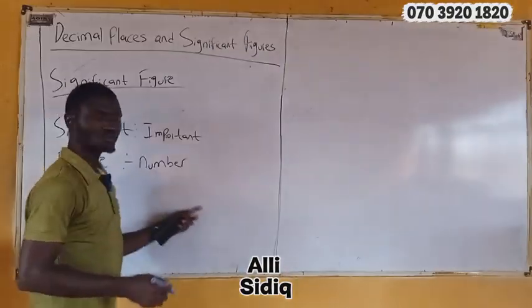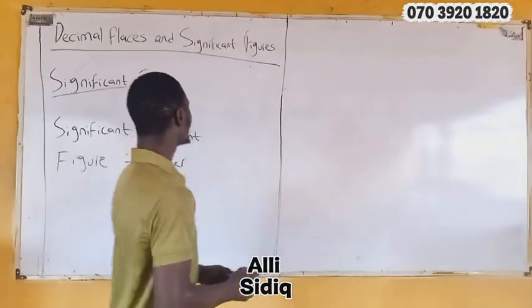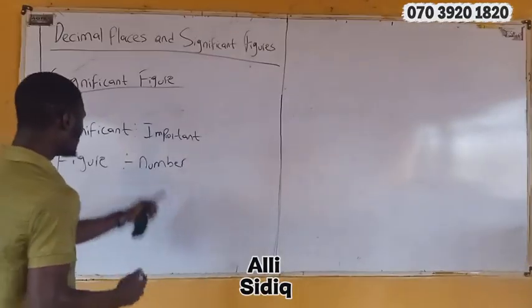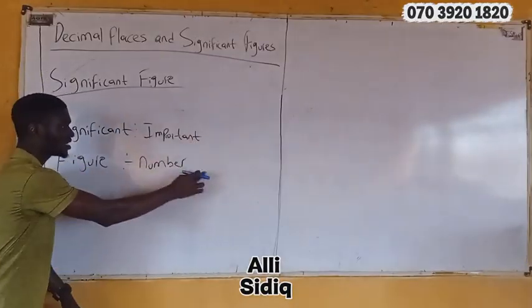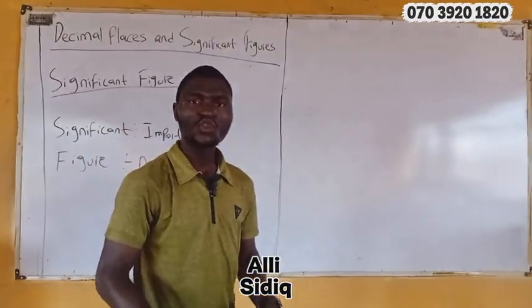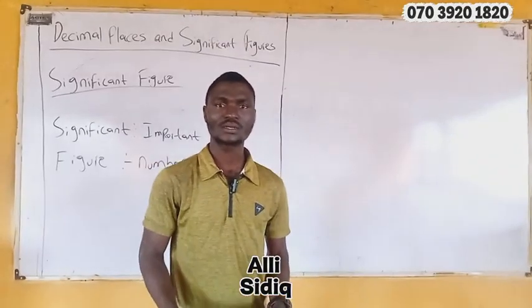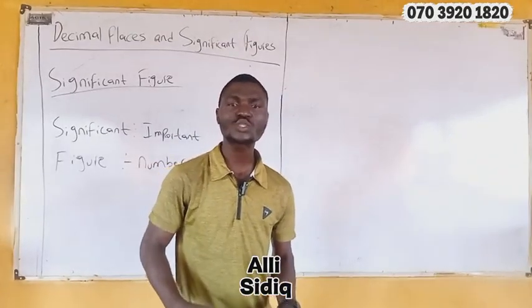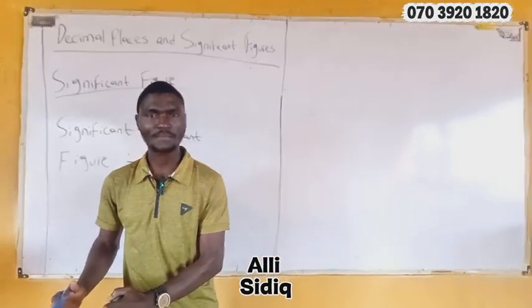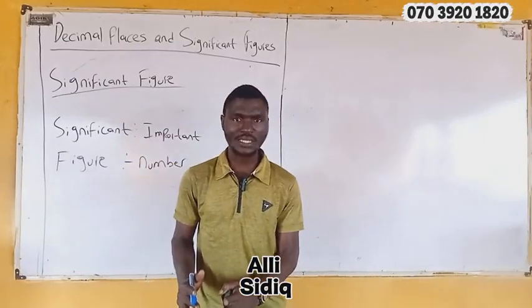That is what is meant by figure. So what is significant figure? Joining these words together, important numbers. It's trying to separate numbers that are important from numbers that are not important. Now, what are the numbers that are important?